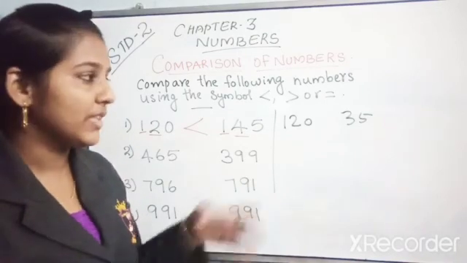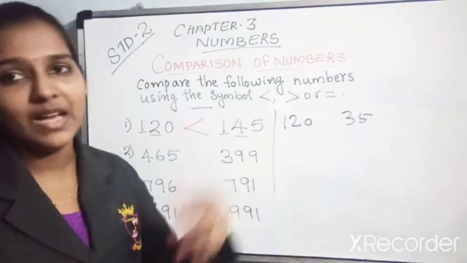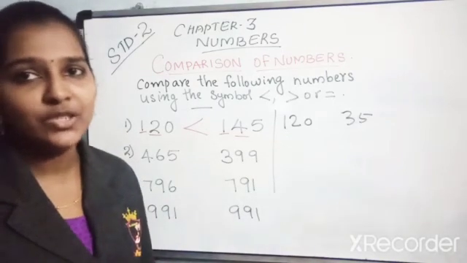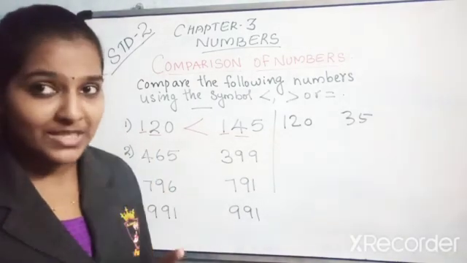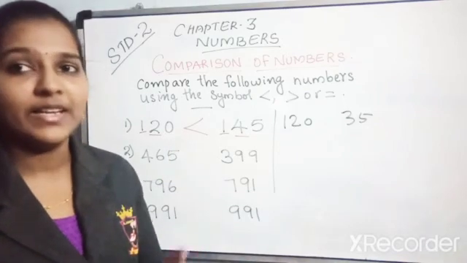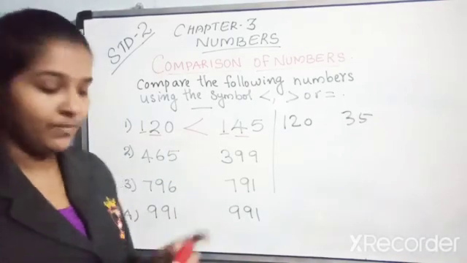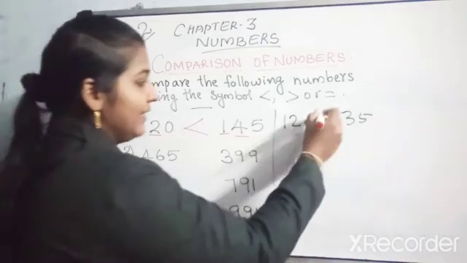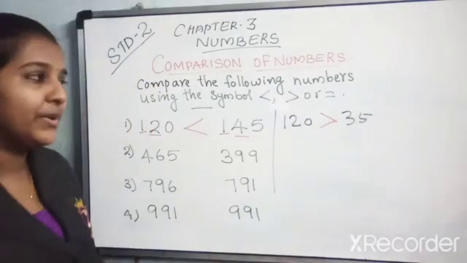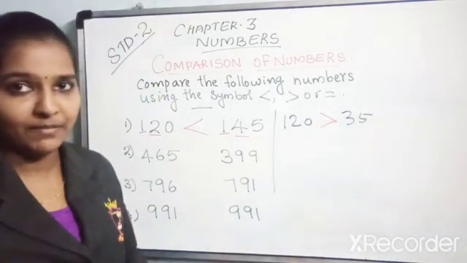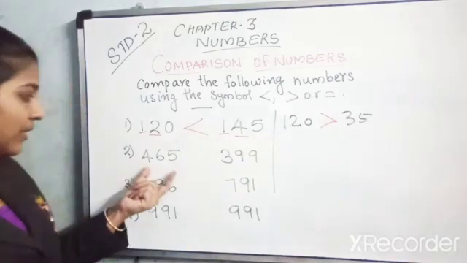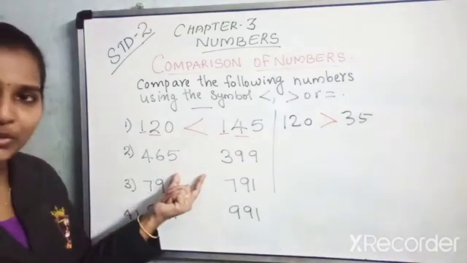So 35 will be smaller than 120. So we can put a symbol like this. 120 greater than 35.